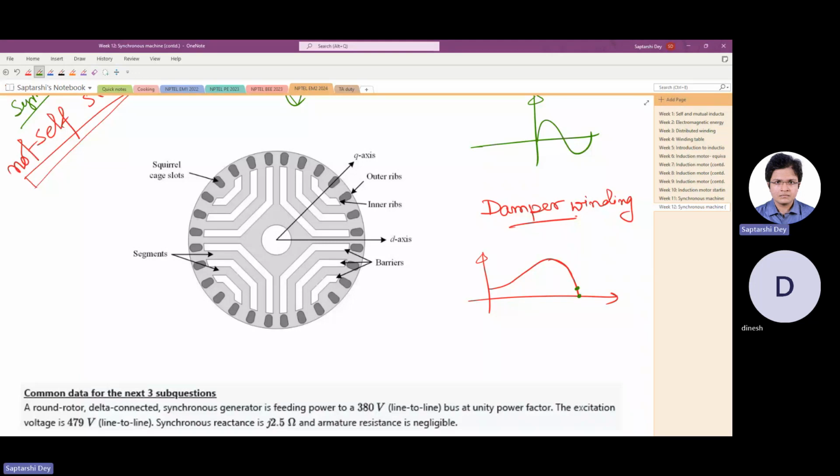Now suppose there is a speed fluctuation. The speed increases or decreases. What will happen is there will be current through this damper winding. If I extend this torque speed curve, it is something like this.